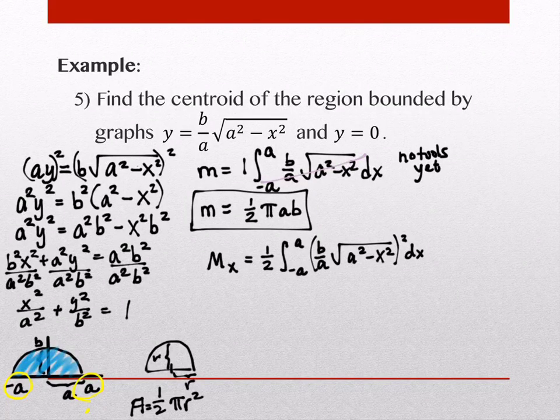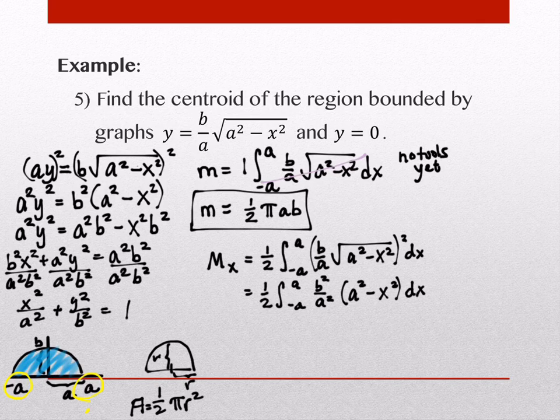Yeah, it feels like that's not the same formula, but because we have it subtracting 0, the x-axis at y equals 0, it is. So I have negative 1/2, the integral from negative a to a of b squared over a squared. Those are just numbers, right? Okay, I'll take that as a yes. And then I have a squared minus x squared dx.